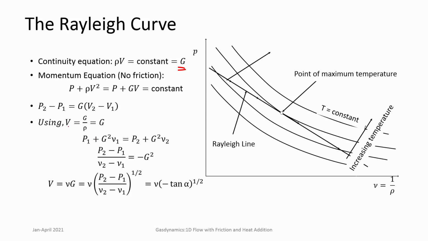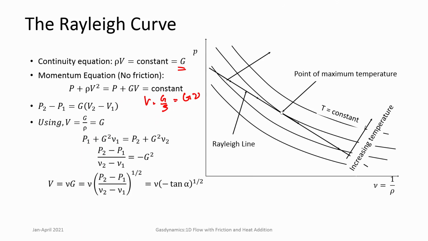But what about V? V is actually G by rho, which is G multiplied by specific volume. So, the momentum equation can also be written in terms of G and specific volume.